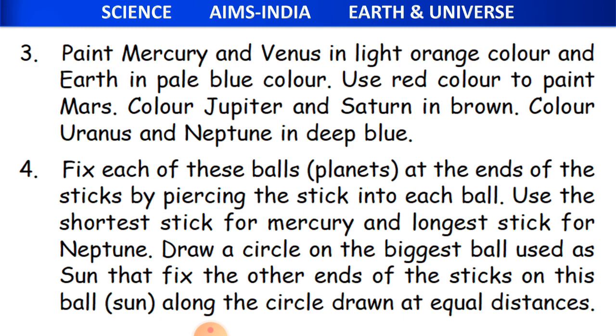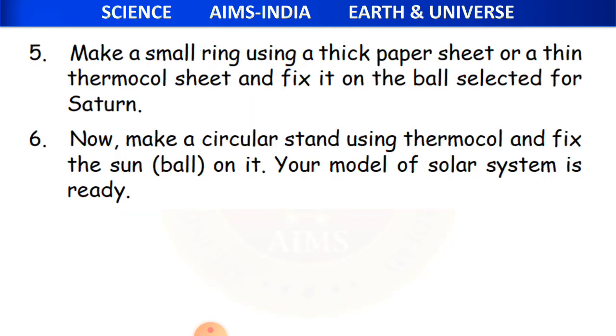Then you can fix all these balls by piercing the stick into each ball, and at the end you can draw a circle on the biggest ball, which is used as the sun, and then fix the other ends of the sticks on this ball, the sun, along the circle, which is drawn at equal distances. Because Saturn has a ring, children, you have to make a small ring.